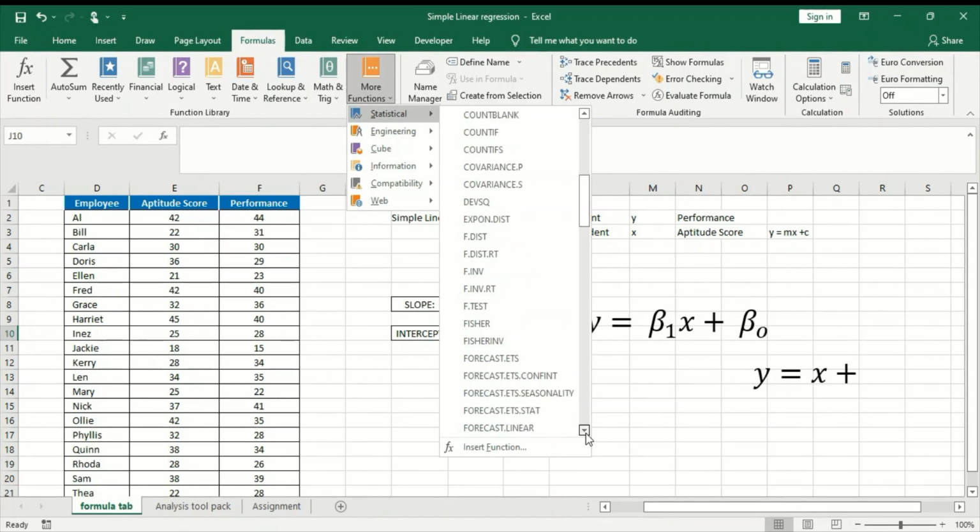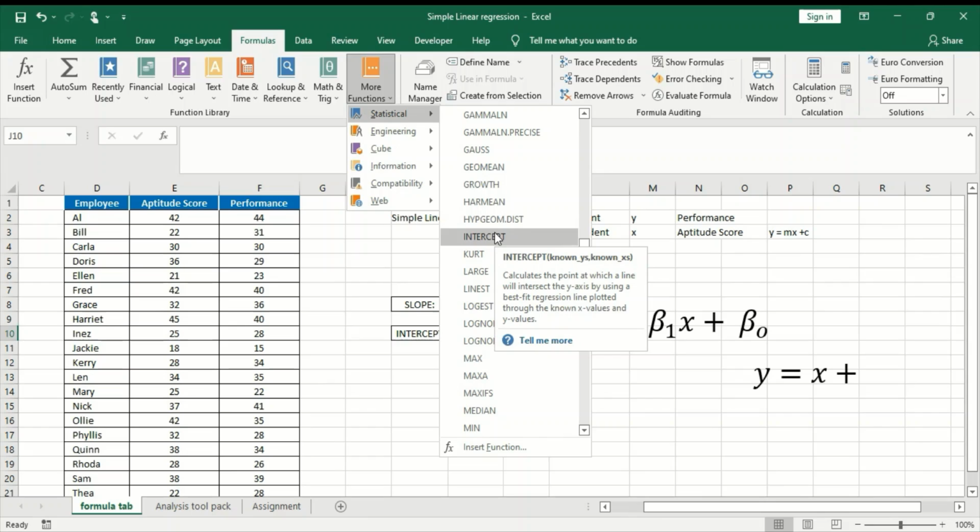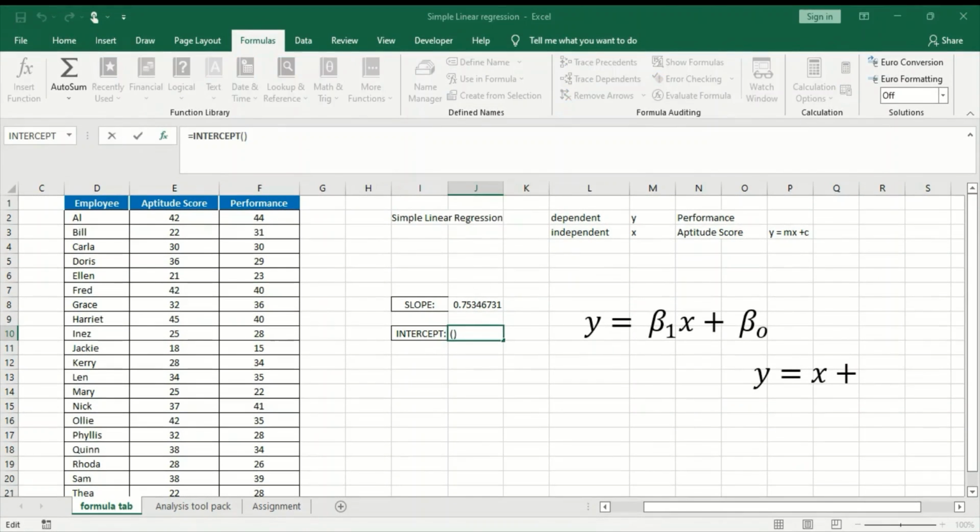We're going to go to intercept. Now this is it, so let's check. It says calculate the point at which a line will intersect the y-axis by using the best fit regression line plotted through the known x values and y values. So this is what we're looking for.